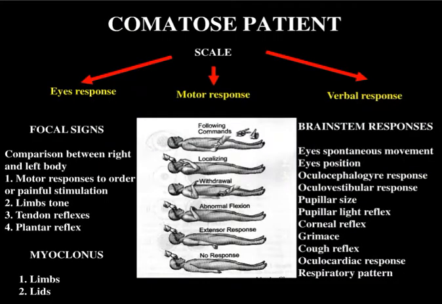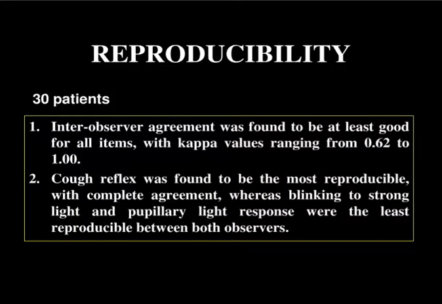So we did, in all neurological ICU patients, the same examination that I proposed to you this morning for comatose patients. We assessed the eyes response, the motor response, and also the brainstem responses. In all ICU patients who require sedation with midazolam and sufentanil, we have found that there is a good correlation, reproducibility of this neurological examination.